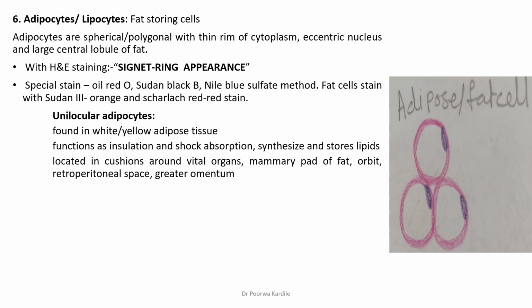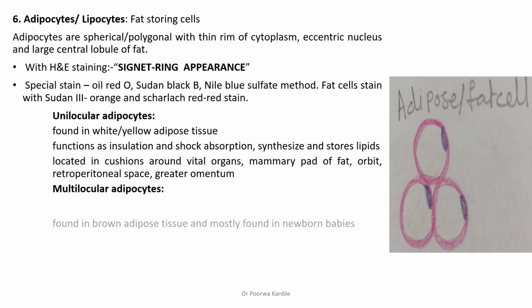They are mainly located surrounding the vital organs, so they protect and support the vital organs. They form the mammary pad of fat. They are also surrounding the orbit, in the retroperitoneal space, and in the greater omentum.